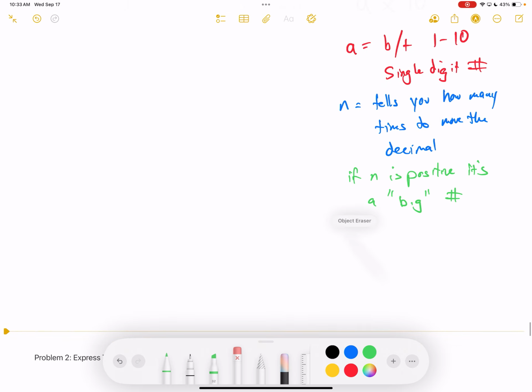If it is negative, it's a small number, I like that because that kind of goes along with what we said. It's a small decimal number, like 0.005 or 0.000000089. It's going to be something small like that. Then you don't have to think about left and right and different things like that. Trust me, it's a lot less confusing. Okay.